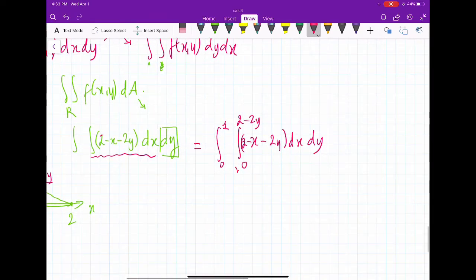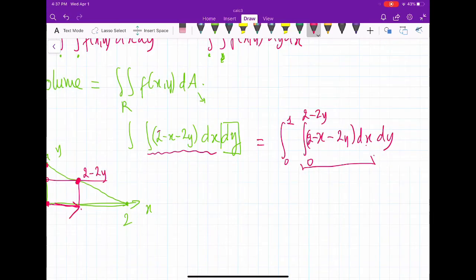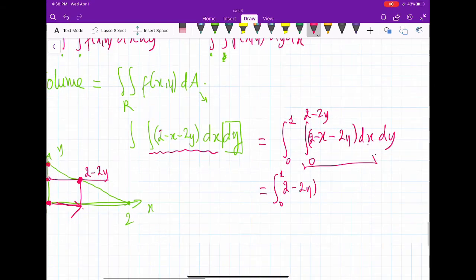So you integrate the function with respect to x first, and then you integrate with respect to y. So you get the integral from 0 to 1. I will combine 2 minus 2y together, because in this case they are just constants. So that is (2 minus 2y) x, and then minus x squared over 2, evaluated from 0 to 2 minus 2y, and then dy.